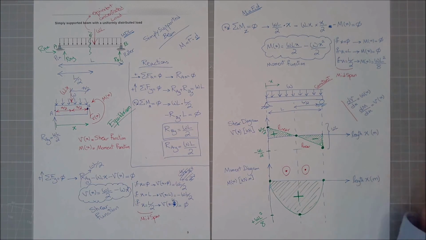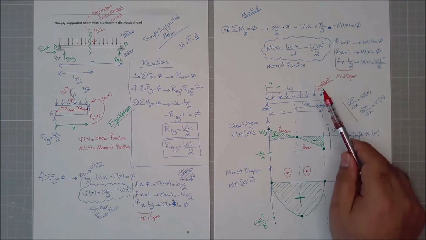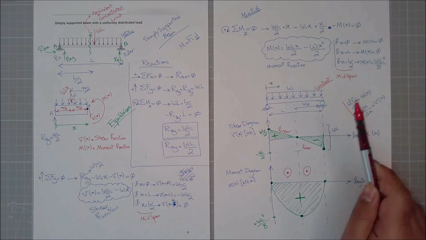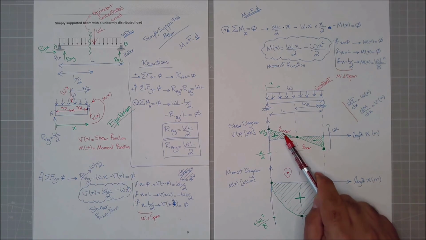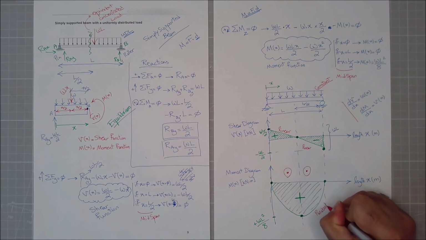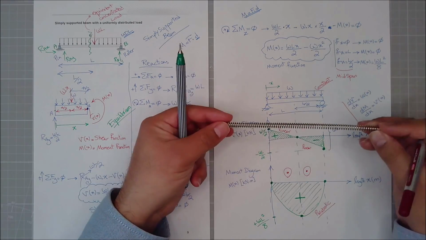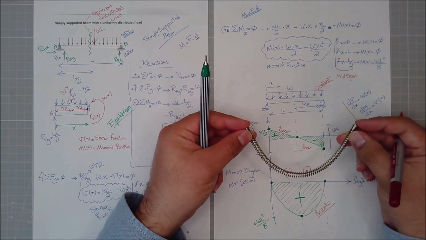Using these two very important equations that we solved together as well, and we proposed them together as well, we concluded that if the load is constant, the shear will be linear. If the shear is linear, the moment will be parabolic. Another assumption was, if it's under distributed load, where was the maximum moment?